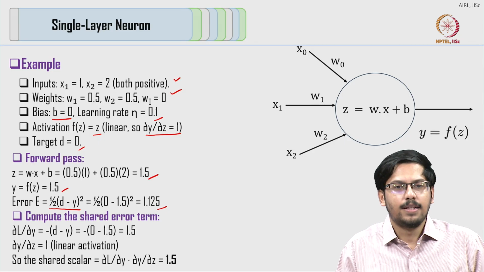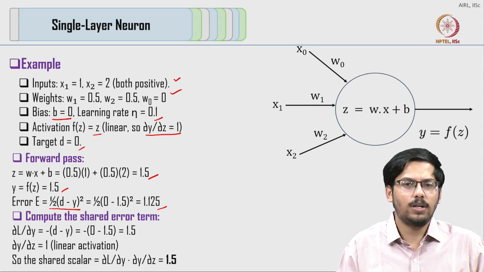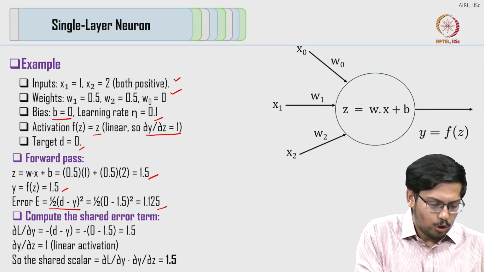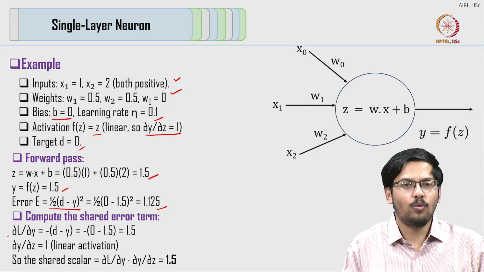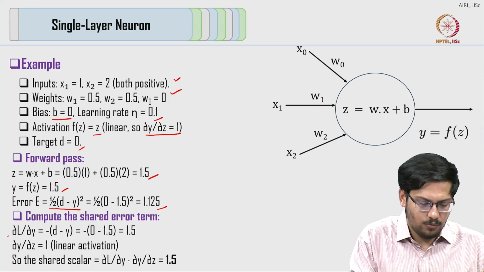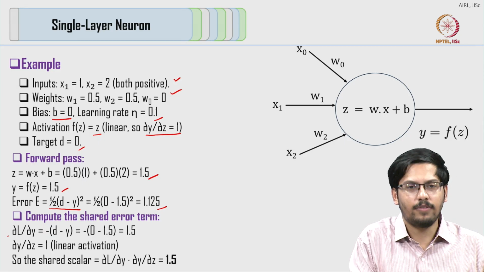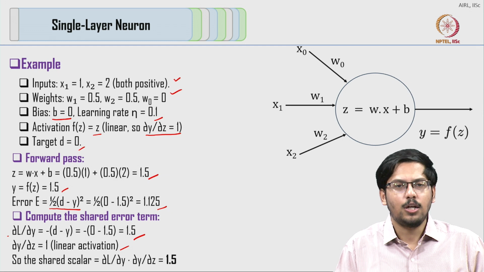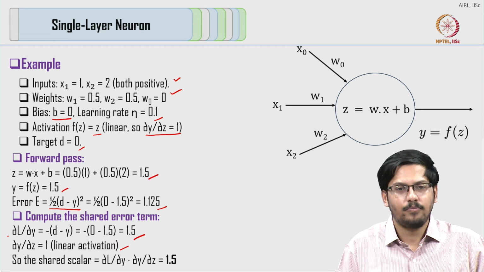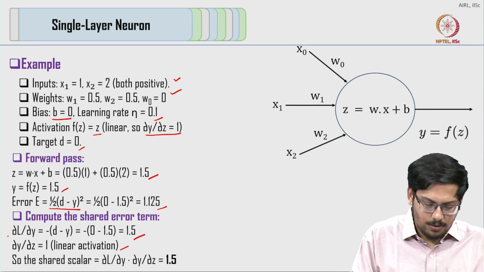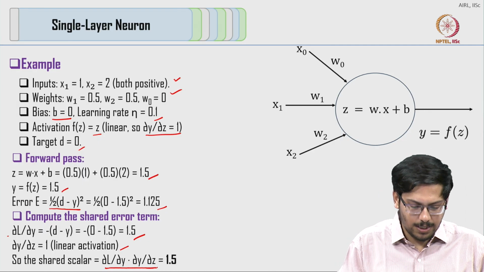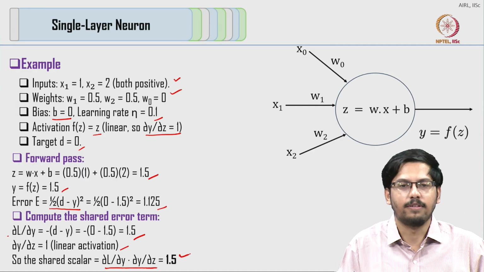Now we would calculate the gradients necessary for the weight update. So dou L by dou y is given as minus (d minus y), which is minus of (0 minus 1.5), which is 1.5. Since we have a linear activation function, dou y by dou z is 1. So the scalar product, which is dou L by dou y times dou y by dou z, is given as 1.5.